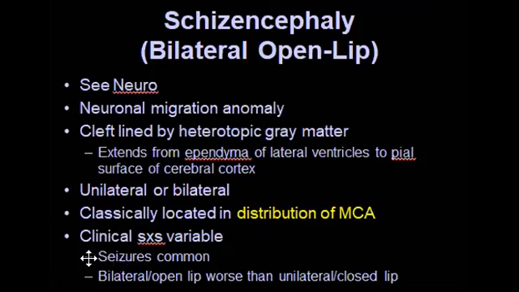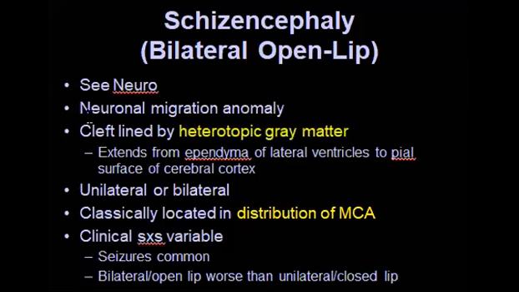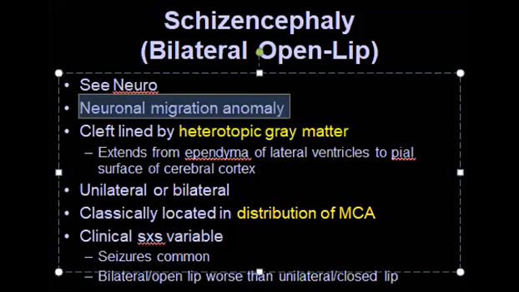The patient will present with seizures. Bilaterality is worse than the unilateral one. So the extension from the ependyma, lined by gray matter. Thank you, Ala. Perfect. And this one is a category of migrational anomaly. So huge open lip schizencephaly.